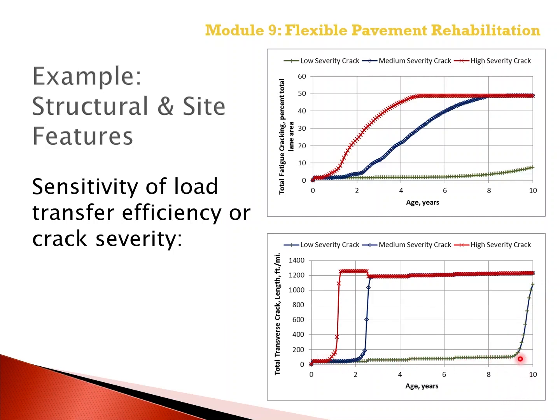So once the cracking starts, even with low severity, it's going to propagate very rapidly because the transverse cracks are initiated at the bottom of the overlay, and then the shear stress intensity factor, even though the differential vertical deflections are relatively small, they're going to propagate fairly rapidly.